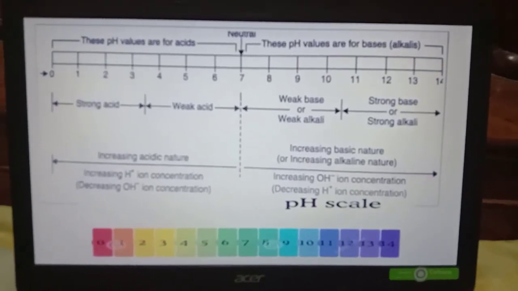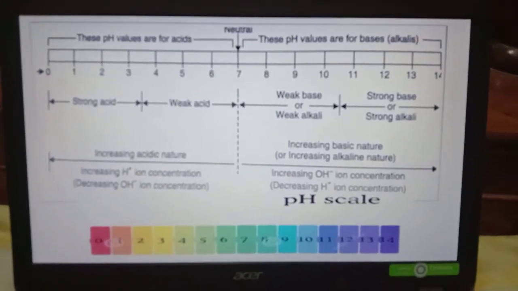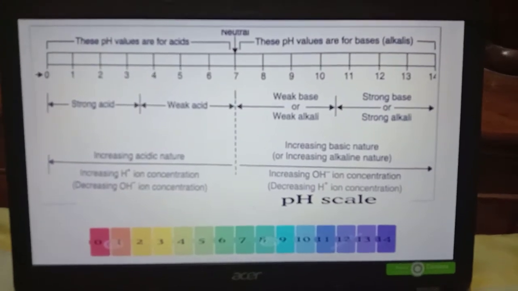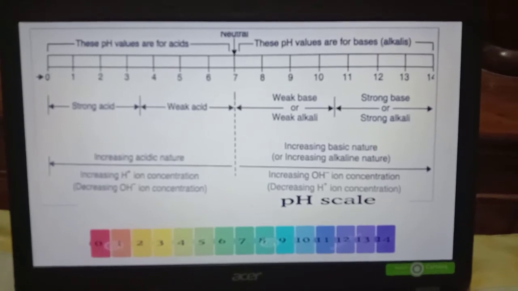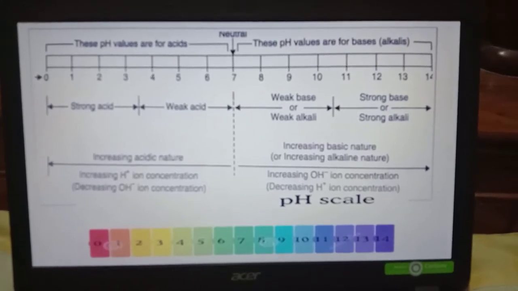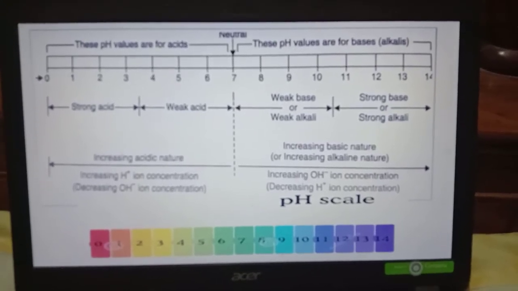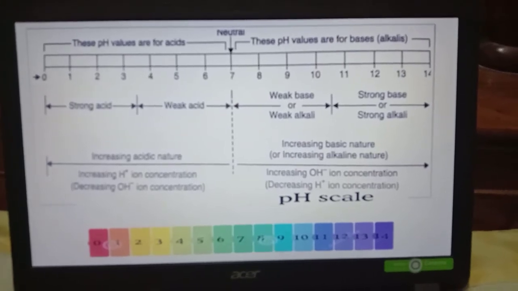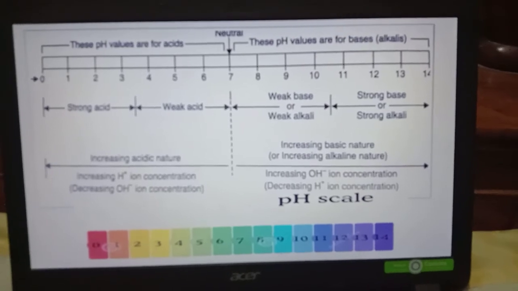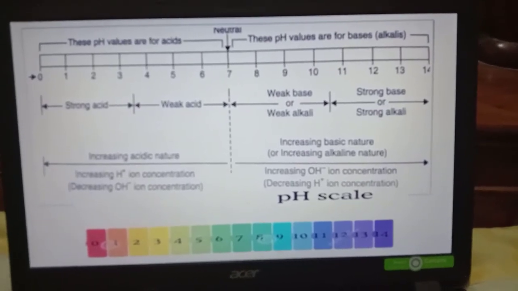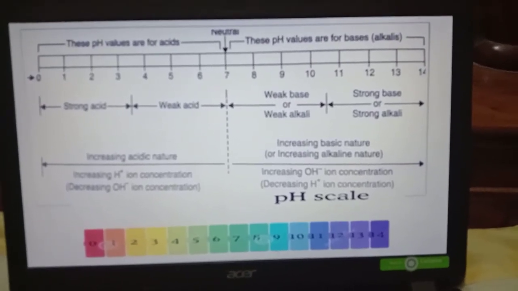While moving from left to right on the pH scale, the hydroxyl ion concentration will start increasing. And when it starts increasing, the basic character will also increase.